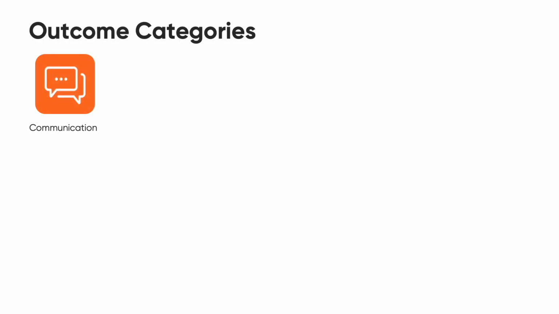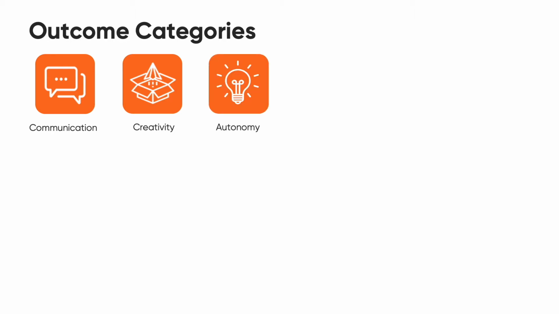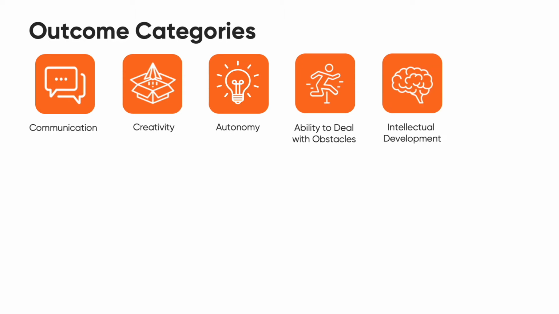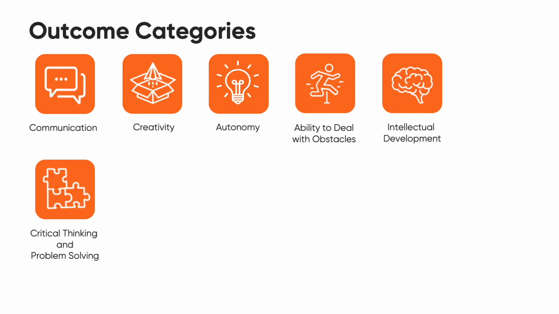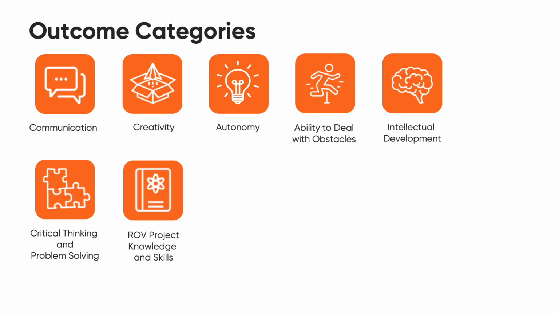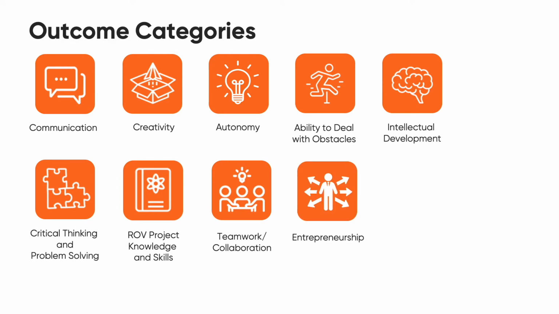eCompete has 9 outcome categories. These are communication, creativity, autonomy, ability to deal with obstacles, intellectual development, critical thinking and problem solving, ROV project knowledge and skills, teamwork and collaboration, and entrepreneurship.